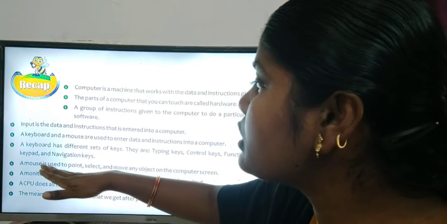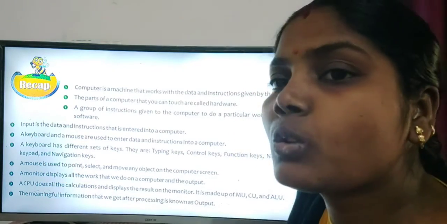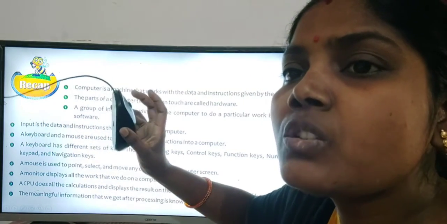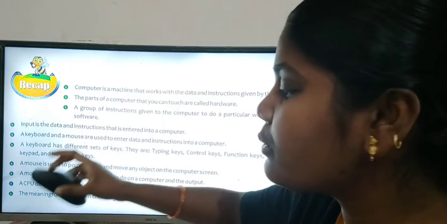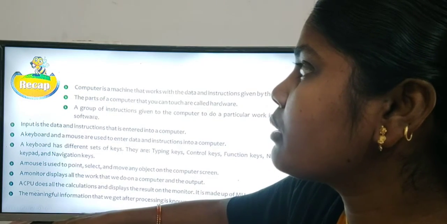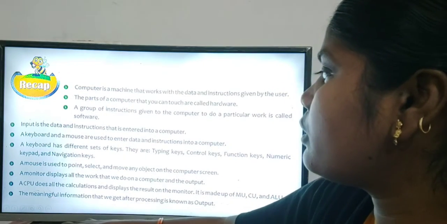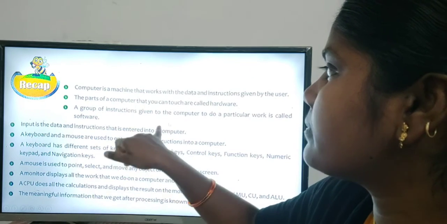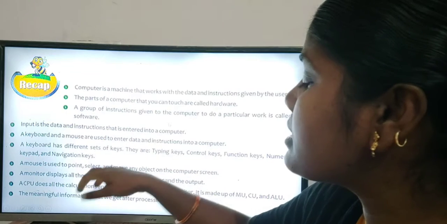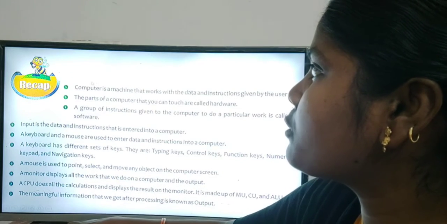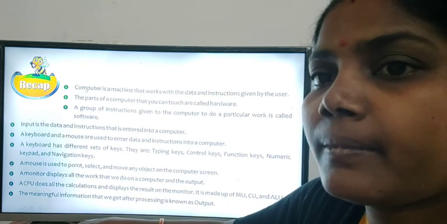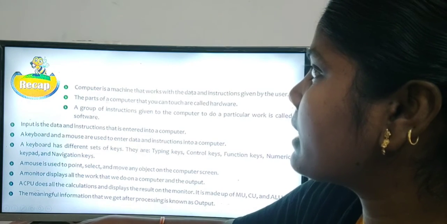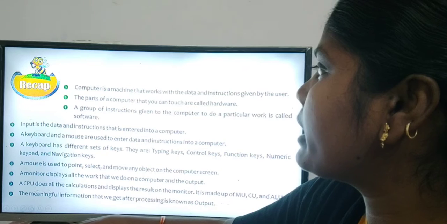A mouse is used to point. For which purpose are we using the mouse? You see here, this is a mouse pointer. If I read the lines, I have to show my students. So I point out the line and the word I am reading.